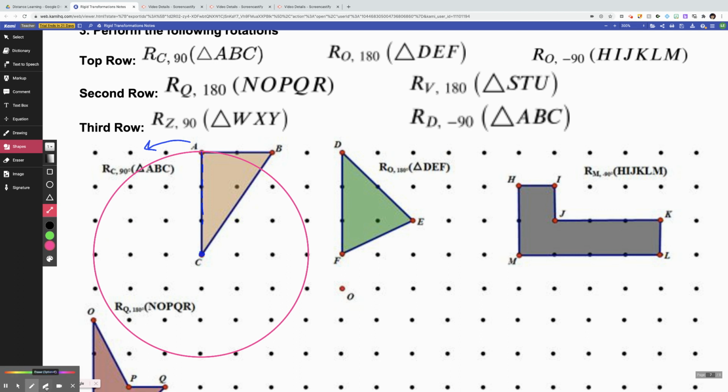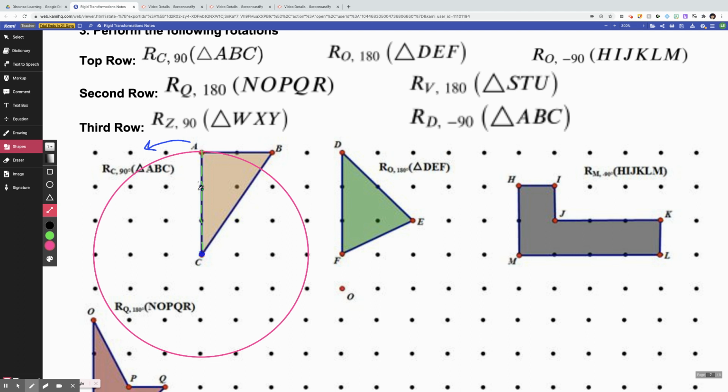Actually, let's change the color there so you can see this a little bit better. I want to look and say, okay, the distance between my center of rotation and the point that I'm trying to move looks like about 3 dots.